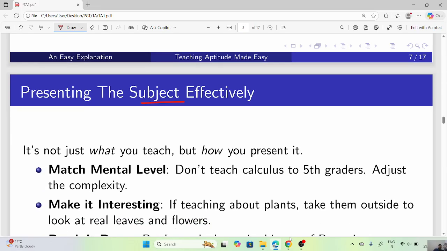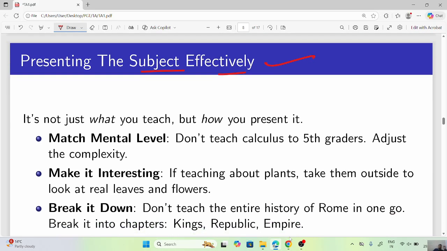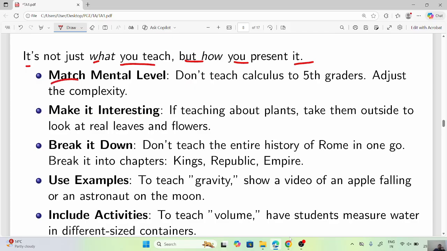Presenting the subject effectively. A teacher has some qualities, like presenting the subject effectively. It is not just what you teach, but how you present it. Match the mental level: don't teach calculus to fifth grade because this subject is not related to the fifth grade level. Adjust the complexity and make it interesting.